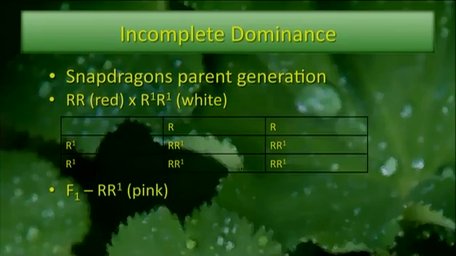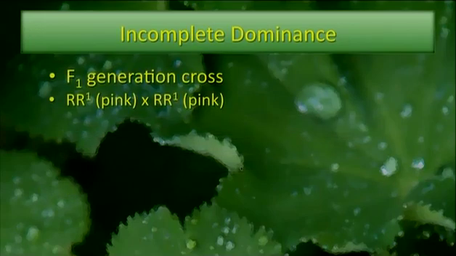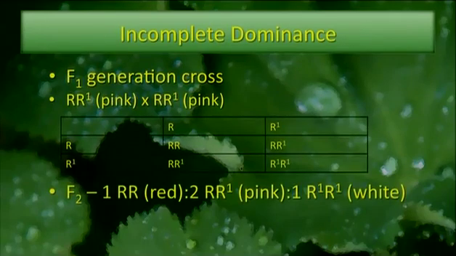You might have many more than 4. Now if you cross the F1 generation, the pink by the pink, this is showing the Punnett square. So you get 1 red to 2 pink to 1 white.